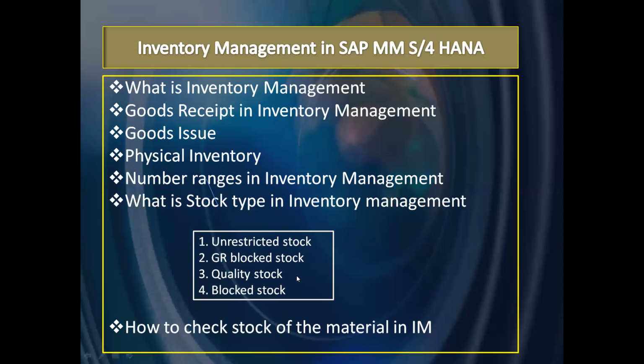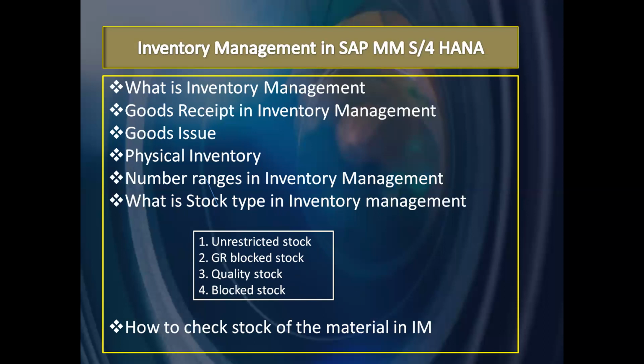Now, if the quality department has confirmed that the material is okay, and we can use that material in production or any other department, then this quality stock will be moved to the unrestricted stock. Okay. The next is block stock. So what is block stock?